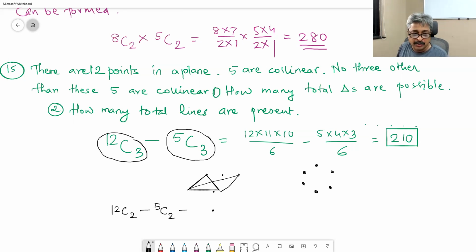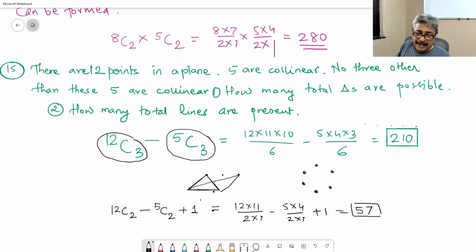Of course, there will exist one line which will take care of all those 5 points, and therefore the answer for this is 12 into 11 upon 2 into 1 minus 5 into 4 upon 2 into 1 plus 1, which is equal to 57.